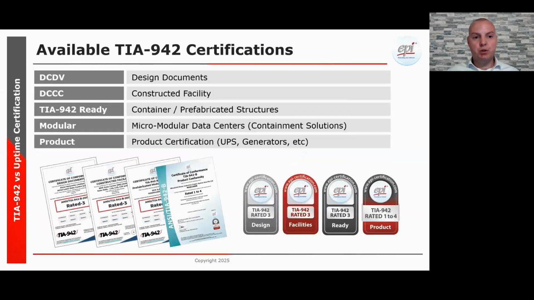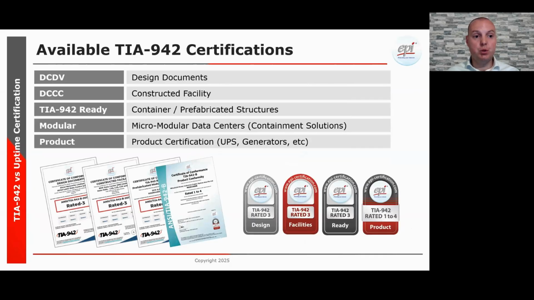Available TIA-942 certifications. TIA uses a lot of terms, so let's break them down. We have the DCDV, that's design validation, the DCC, this is the constructed facilities. This means that auditors have done their physical inspection of the facility.